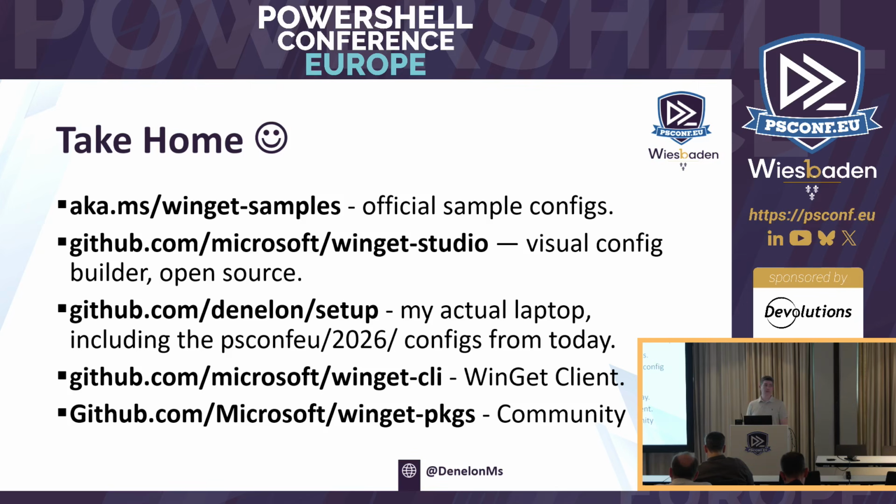There's also a resource playground, so you can go fiddle with one resource at a time, change settings, and you can play with get, set, and test. Winget CLI is also open source, and the Winget Packages community repository is available as well. I think the last time I checked, we have 12,500 packages in there, and we're running something on the order of 3,000 to 3,500 pull requests a week. So there's a lot of activity that's going on in that one. Lots of interesting things that you'll see if you like watching the bots talk to each other as we try to automate everything.